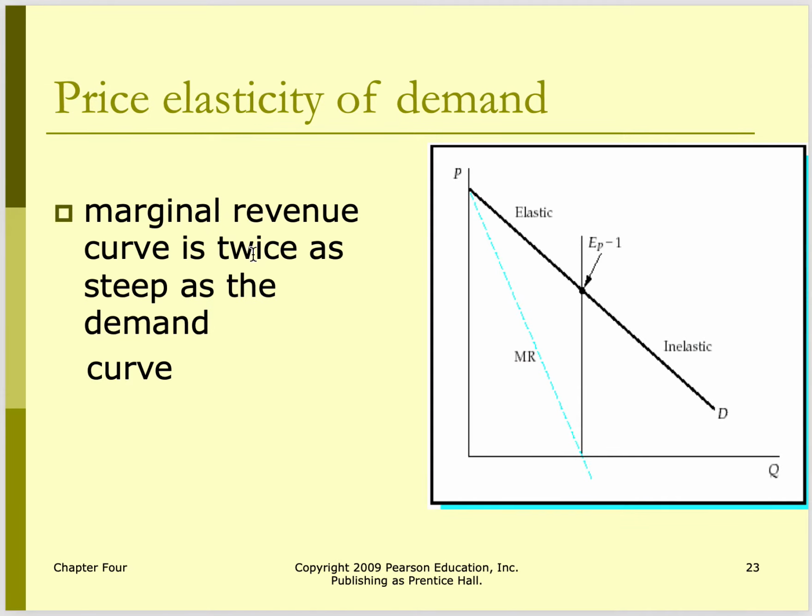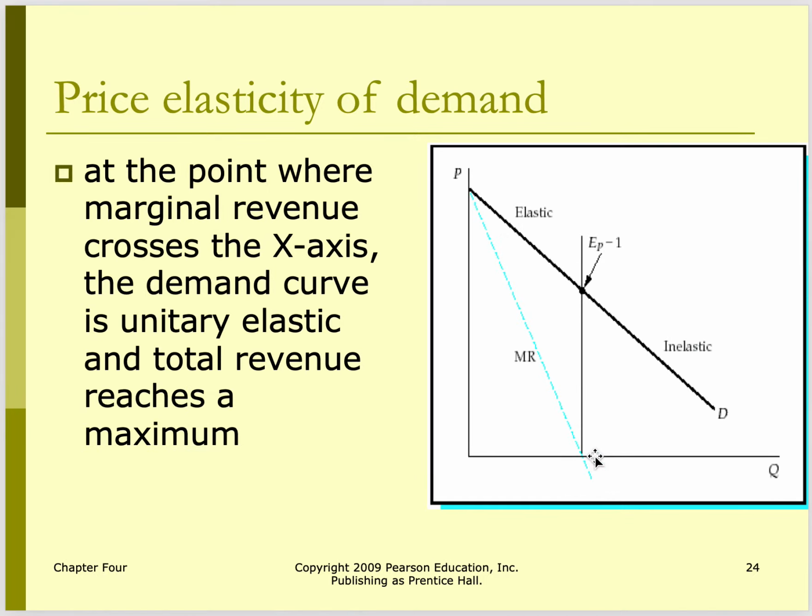The marginal revenue curve is twice as steep as the demand curve. We can do the calculus to show you, but trust it. Whatever the slope of the demand curve is, the slope of the marginal revenue curve is going to be twice that. So if this is -5, this is going to be -10. Both are going downhill, both are linear.